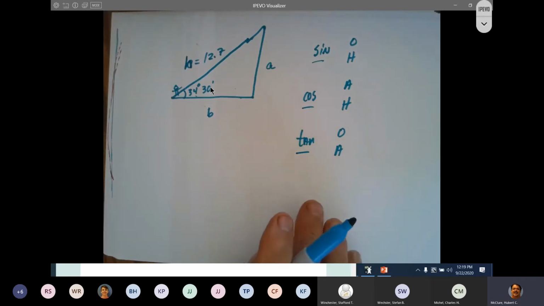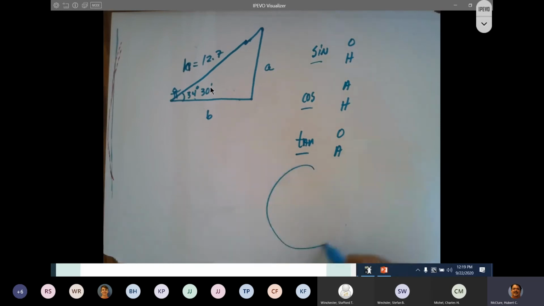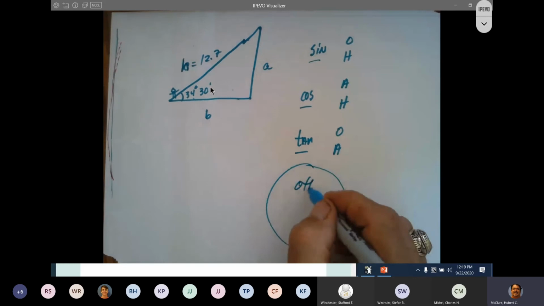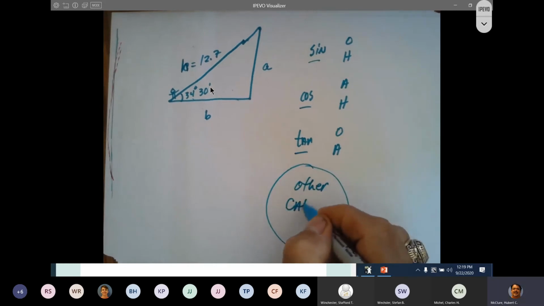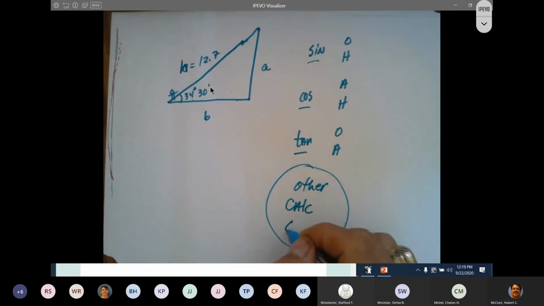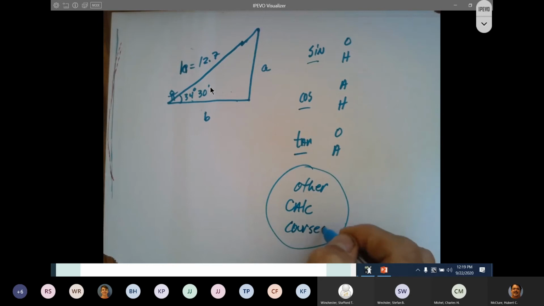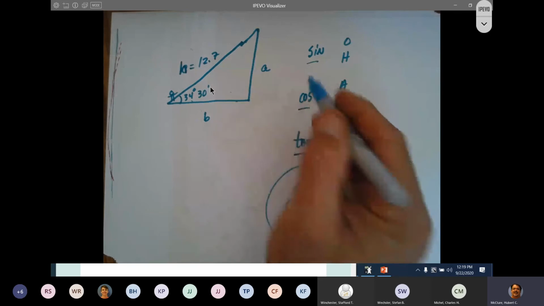You don't use cotangent, secant, and cosecant. The only time you use these three down here is in other calculus courses. So that's why these are important. If you know these, then you're going to know these.